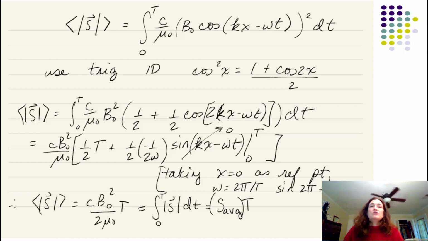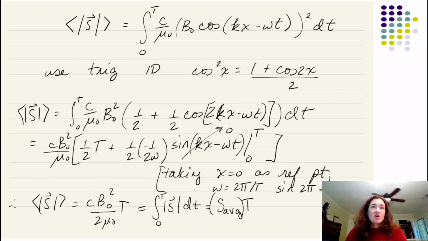So the trig identity I'm going to use is cosine squared x is equal to 1 plus cosine of 2x over 2. So plugging in for that, the time average of my Poynting vector is the integral from 0 to T, where big T is one period, of c over mu naught times B naught squared, times 1/2 plus 1/2 cosine of 2(kx minus omega t), integrated over dt. All right.